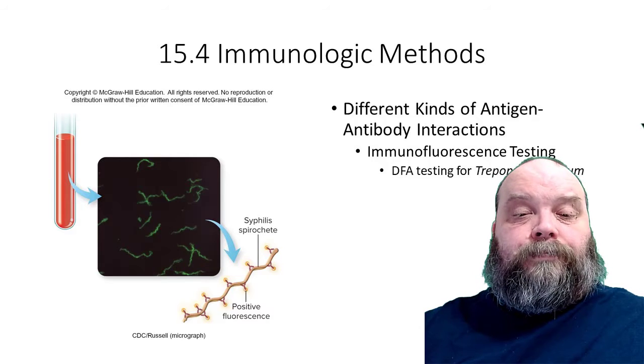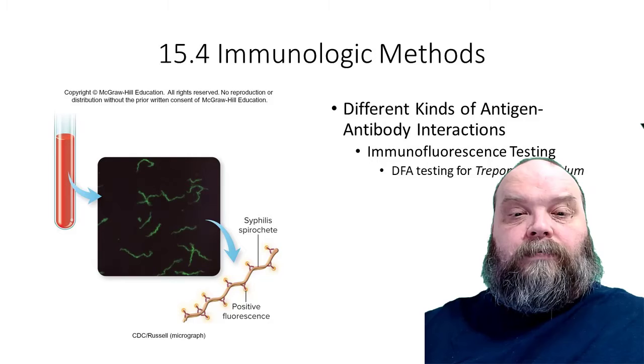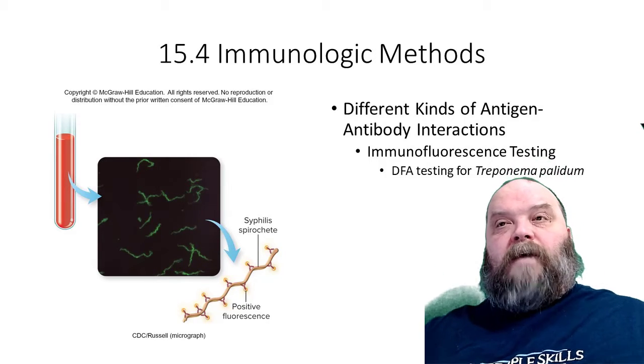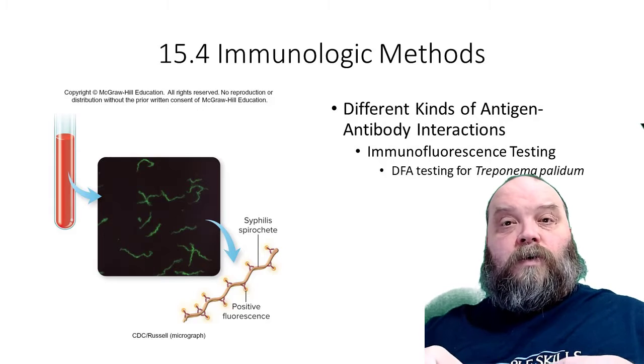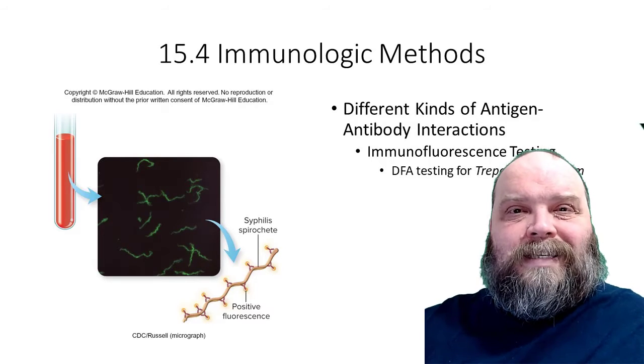Patient comes in, not sure if they have syphilis or not. So you're going to either swab the urethra or they have one of the sores, the cankers that are associated with secondary, tertiary syphilis infection.